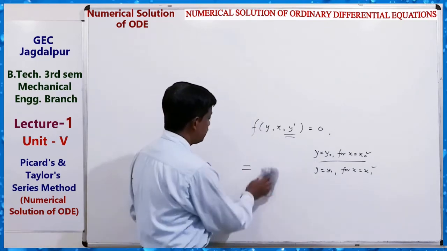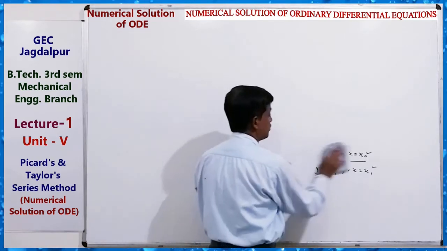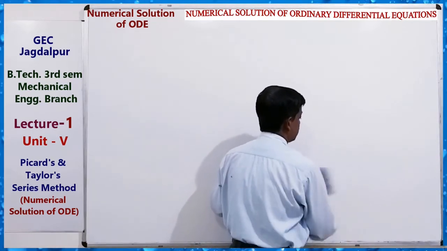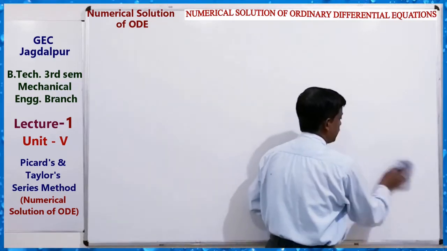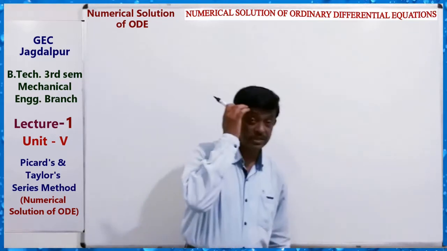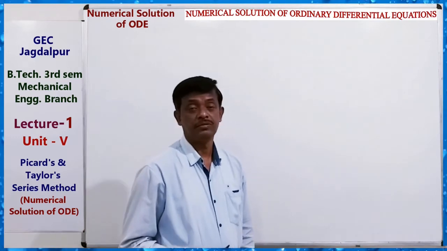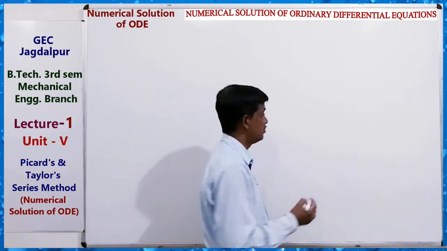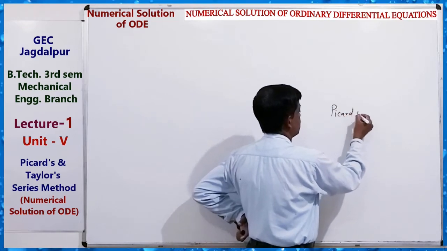Okay, so here for numerical solution of ordinary differential equation, we take only first order differential equation, okay, with initial condition. Clear? So first of all, there are 6-7 methods. First method is Picard's method.